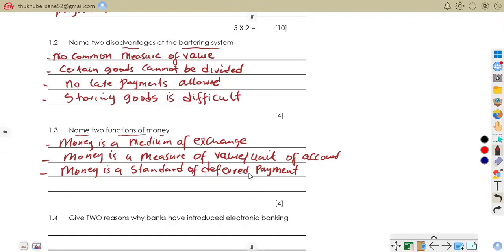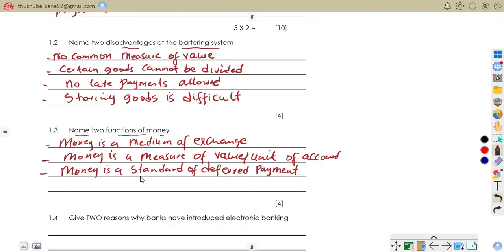For example, paying for a phone in monthly installments. I hope we understand that when you say money is a standard of deferred payment, it means money allows people to pay debts over time, like paying for a phone in monthly installments.